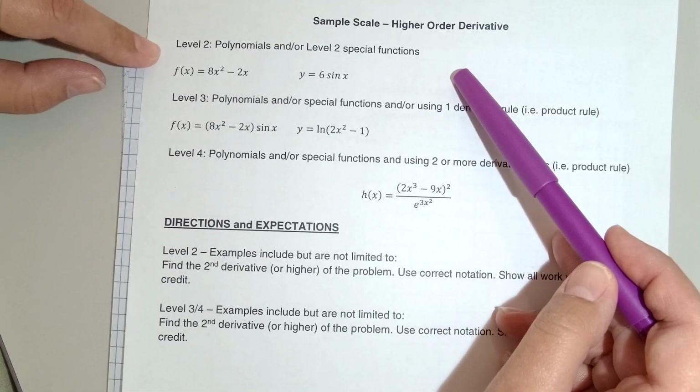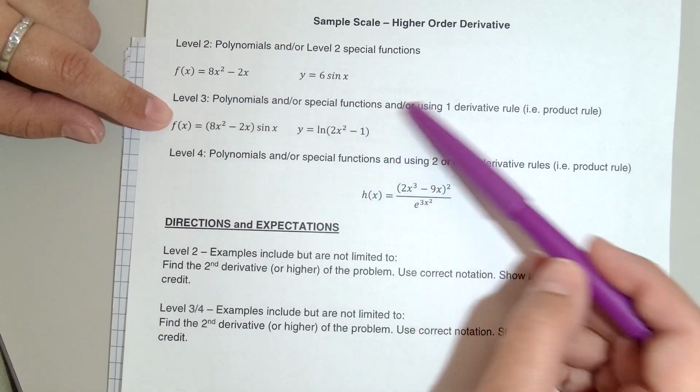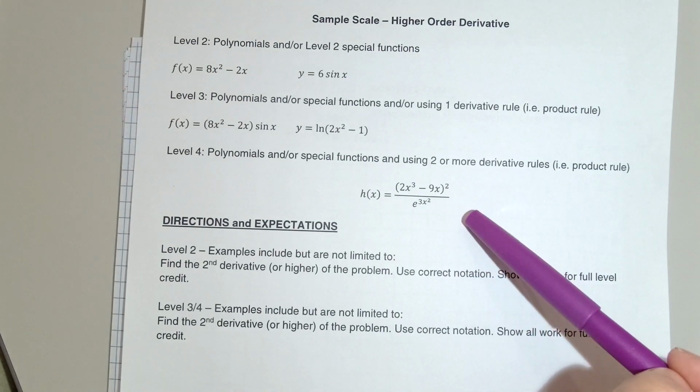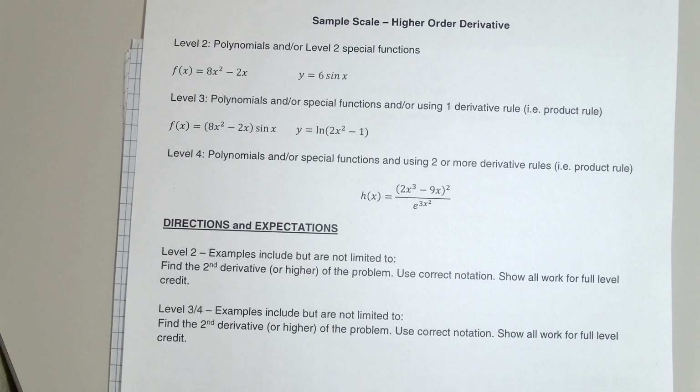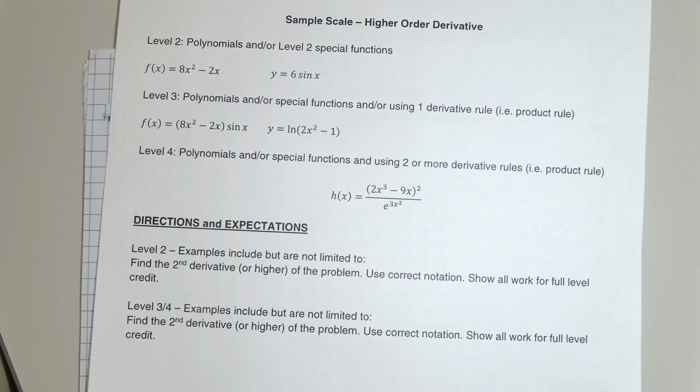Level 2 will look like this, level 3 will look like this, it has some information on it, and level 4 will look like this, and some more information. If you have any questions about what your levels look like, this is what you should refer to. Keep in mind, as I said before, these are just examples. This is not everything that it could look like. These are just examples. Okay?